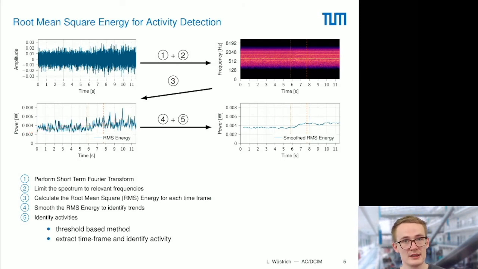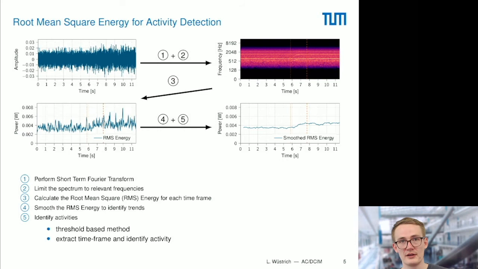What we can see here is that this signal is still very noisy. So in a fourth step, we average out the RMS energy values over time to identify general trends that indicate activity of a single device. The amount of smoothing here depends on various factors. One is the length of the activity we would like to detect, and another is the number of frequencies that are considered after the limitation.